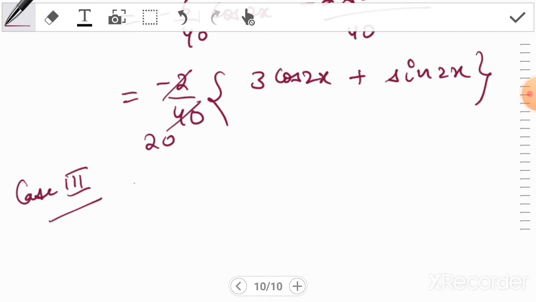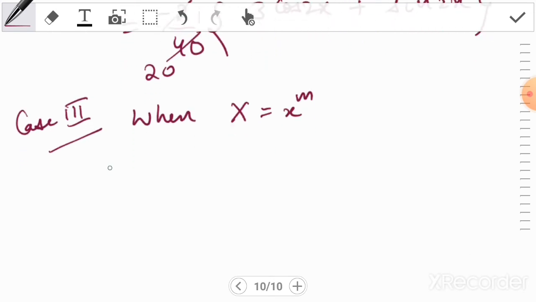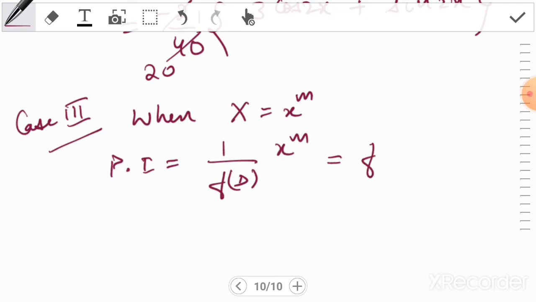Now case 3. When X is equal to x raised to the power m, the PI is equal to 1 by f of D times x raised to the power m, where 1 by f of D is an inverse operator. We can write the inverse of f of D, x^m.